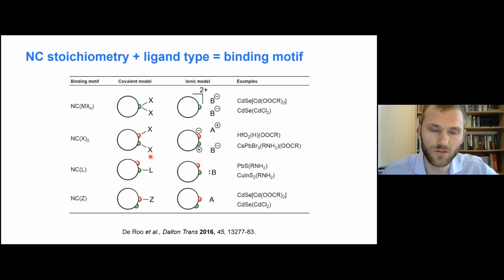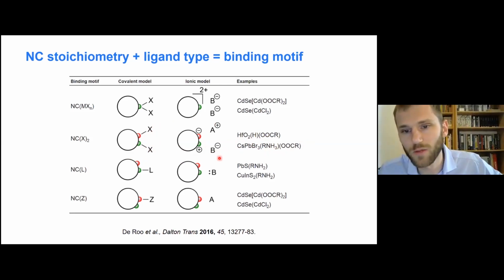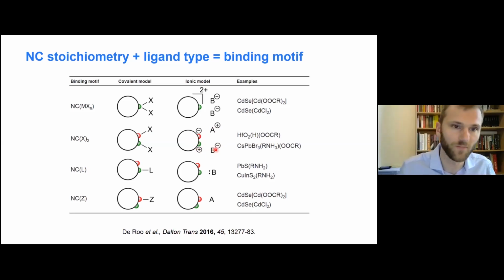It's harder to say that this ammonium is an X-type ligand because it's more like a hydrogen bonding interaction or a purely ionic interaction and not really a covalent interaction. So it's maybe safer to describe it in the ionic model, where you just say it's an ion pair, so both ions are binding to the surface.